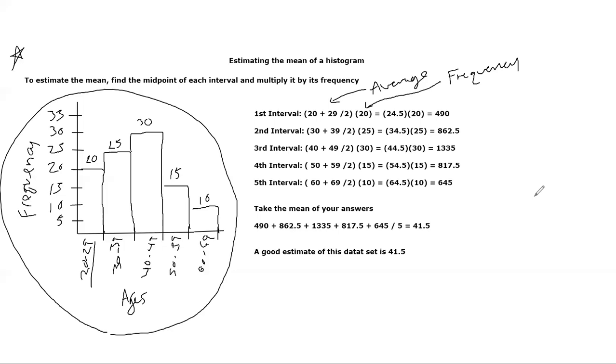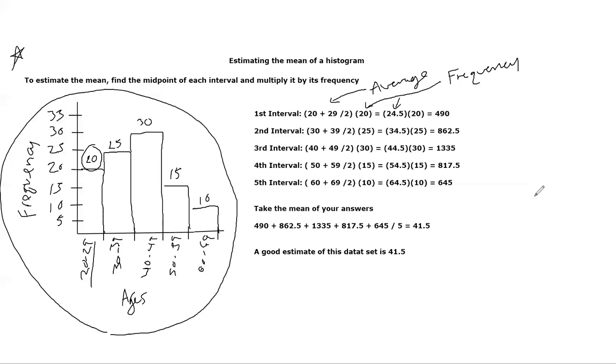That's why I have 20 plus 29 divided by 2. And then I'm going to multiply whatever that is by my frequency. The frequency of that particular interval is 20. That's where I'm getting it from. How high did that bar graph go? So what I ended up with is 20 plus 29, which should have been 49. 49 divided by 2 is this right here.